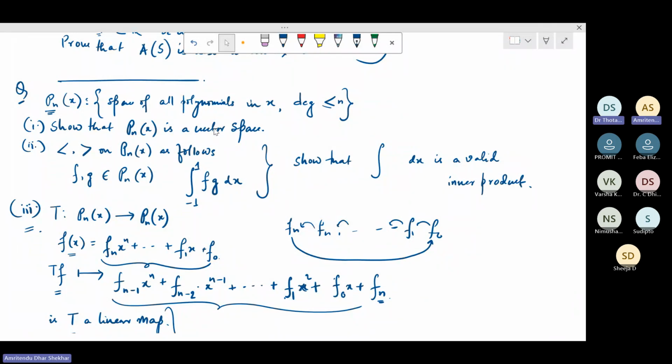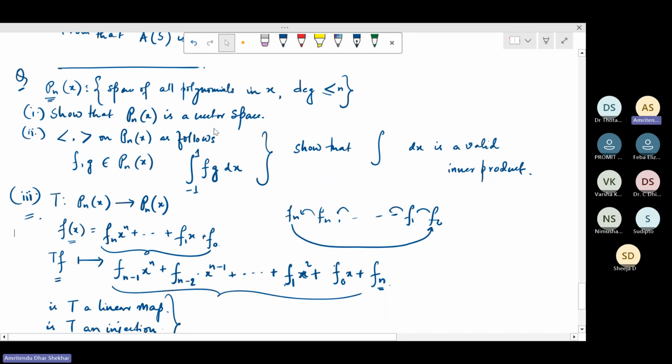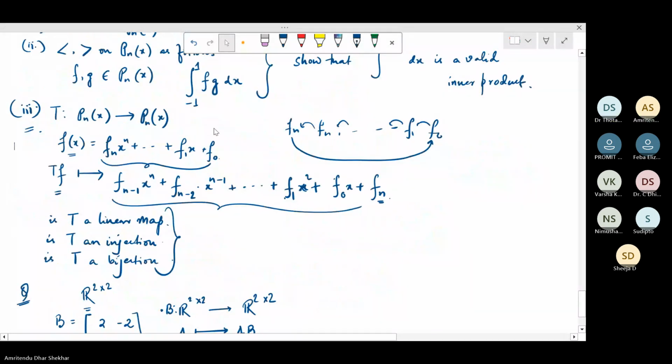So if it's a valid inner product, can you find an orthogonal basis with respect to this inner product? You can always find an orthogonal basis. Do you know about the Gram-Schmidt orthogonalization process?